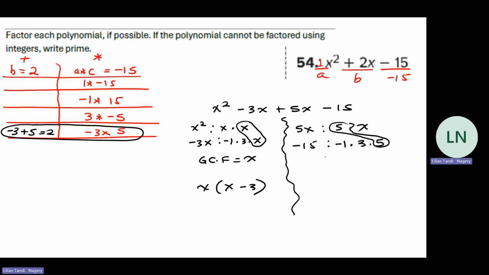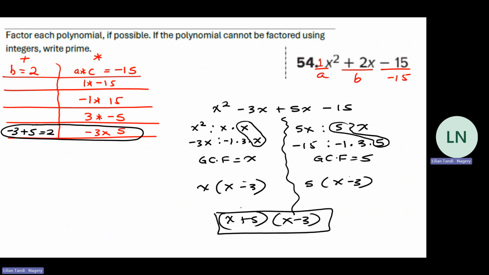Greatest common factor is 5. 5 is outside, x minus 3. My insides are the same: x plus 5, x minus 3. Box your answer.